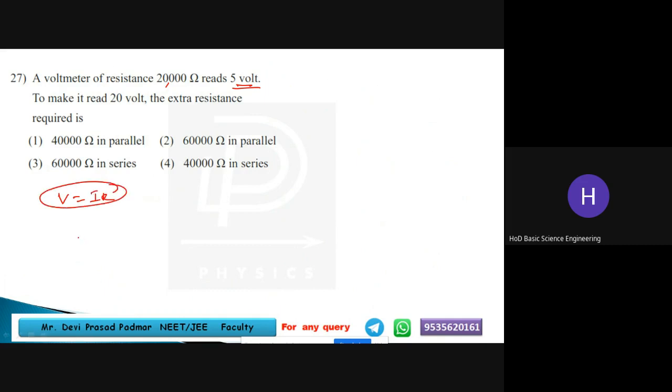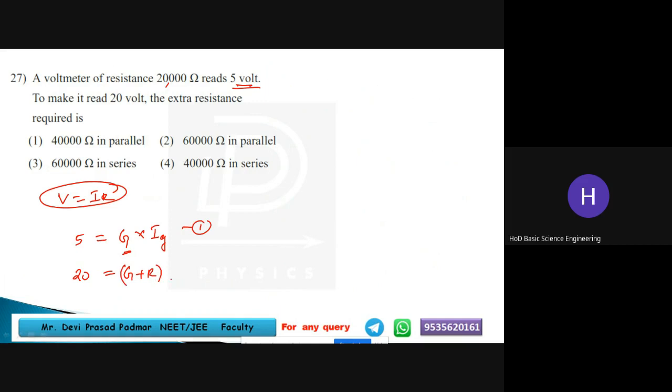So here voltage is 5 volt in the first case, and let us take the resistance of that galvanometer as G, into the current through that, Ig. V equals IR. That is the first case. Next, voltage has to be increased to 20 volt, right? To increase this voltage, some extra resistance has to be connected.